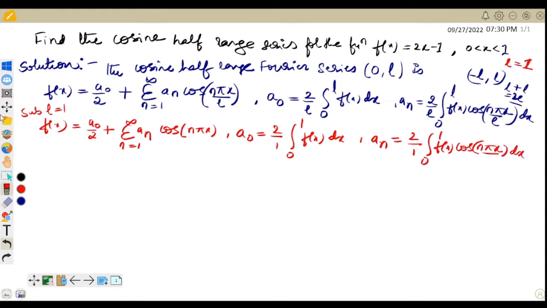Students, first we shall find the values of a naught and a n, then we are going to substitute in this equation. Call it equation number 1. Fine, now let us come back here.